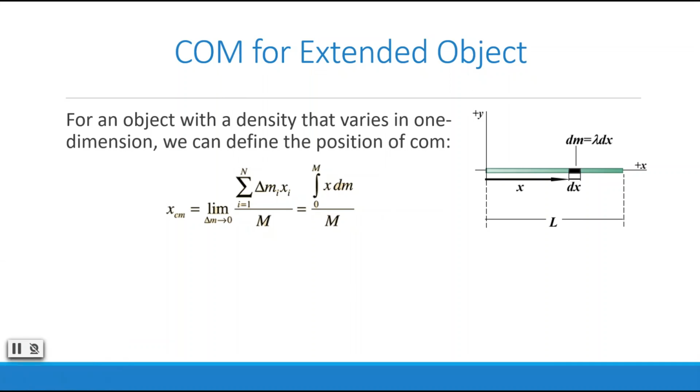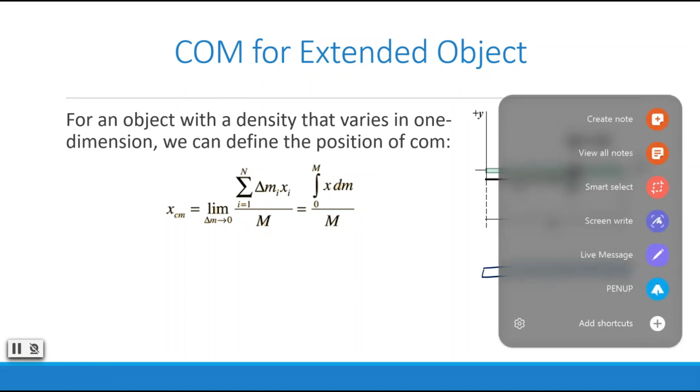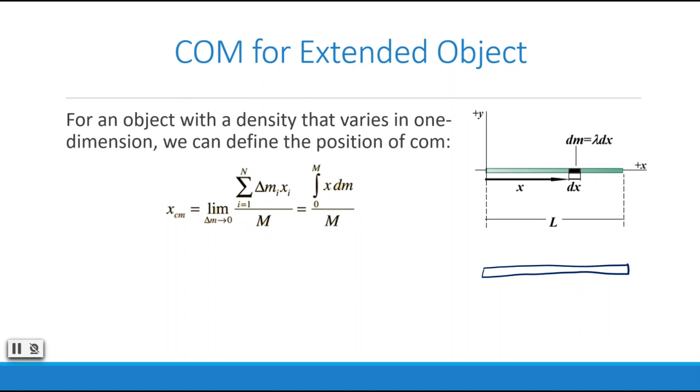So the idea is, let's say I have this long thin rod. I'm going to assume that it's so thin that it's basically just like single atoms in size.